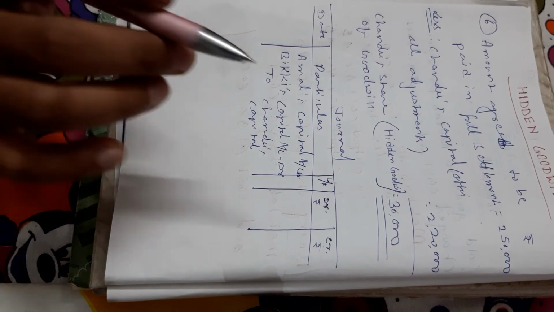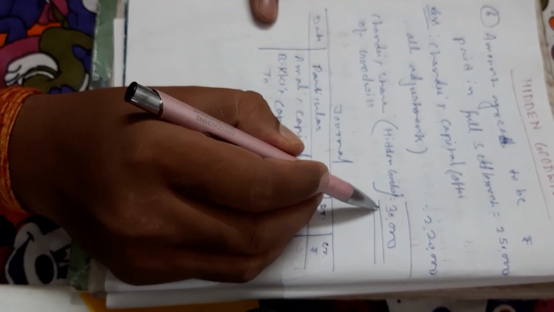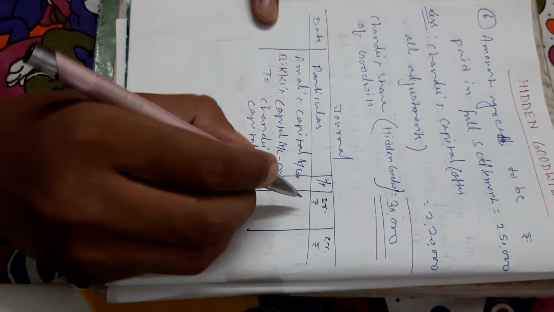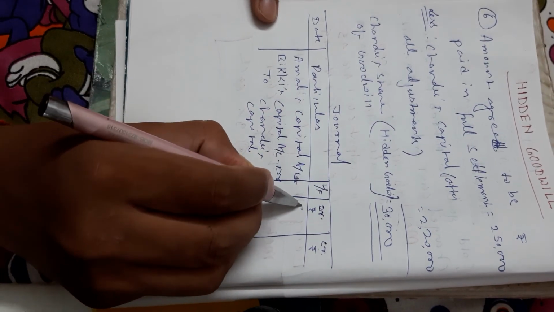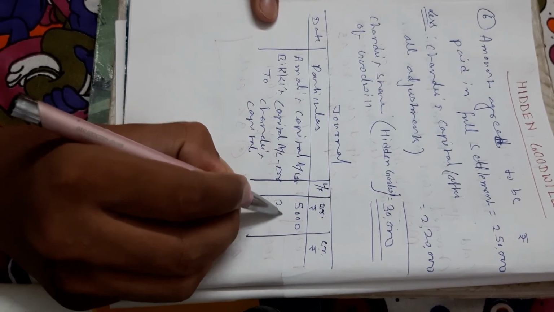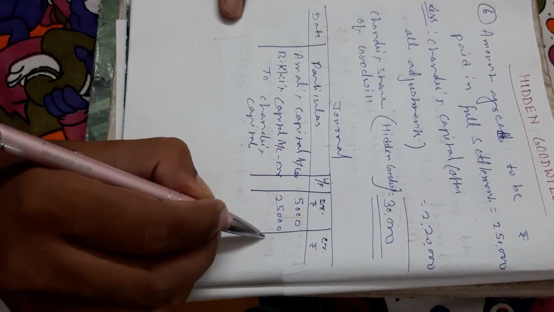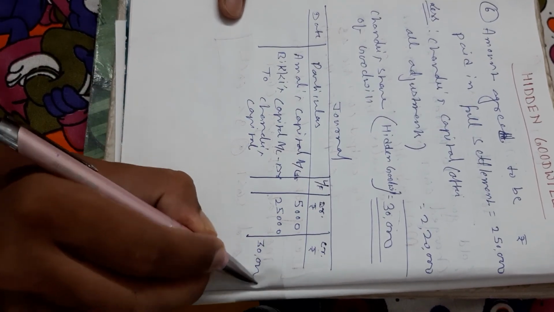The ratio is 1:5, which means the total is 30,000. One part of 30,000 is 5,000 and the remaining is 25,000. Clear? And to Chandu's capital 30,000.